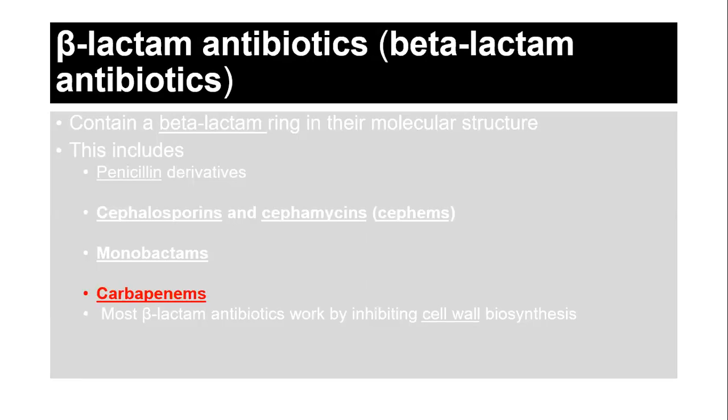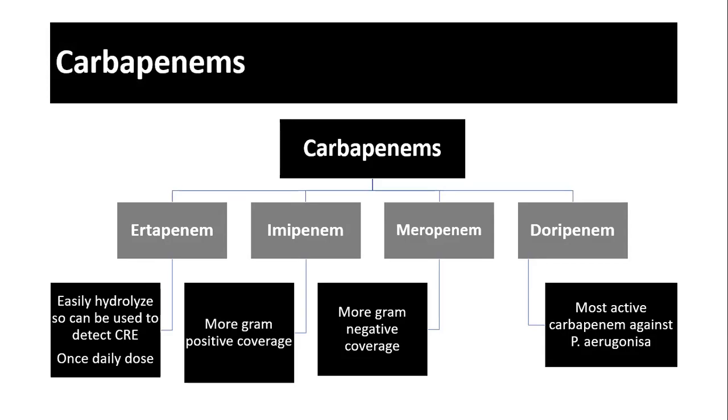Moving on to carbapenems. This includes ertapenem, imipenem, meropenem, and doripenem. Ertapenem is a once daily dose, available in IV form, but it's expensive. It is easily hydrolyzed, so it can be used to detect carbapenem resistant enterobacterales. Once daily dosing is required.